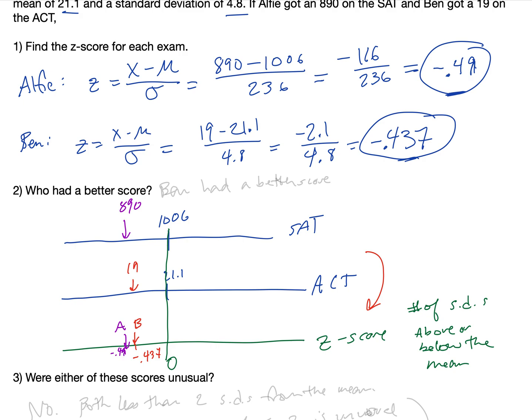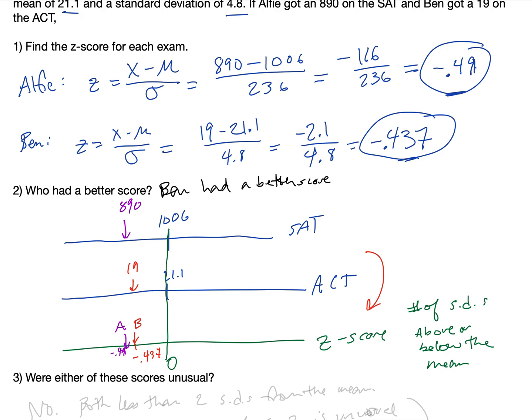They're not super different, but Alfie's score is a little lower on the scale. So Alfie's score is lower. It is more standard deviations below the mean. And so Alfie did not have as good of a score, and we would say that Ben had a better score.